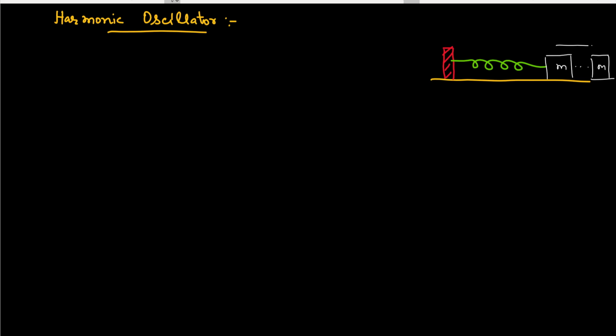through displacement x, then the restoring force will be acting in this direction, opposite to x. So in a harmonic oscillator, we know that the restoring force is directly proportional to the displacement produced in the spring, and it is equal to minus kx.